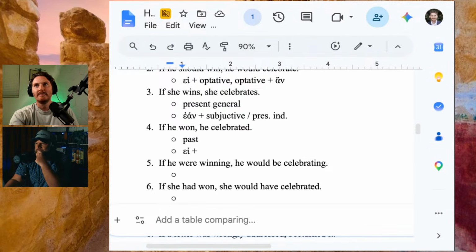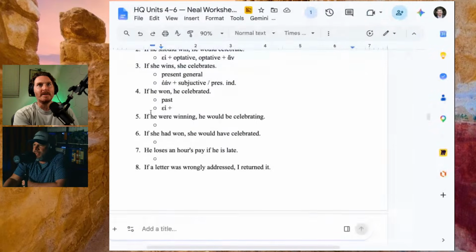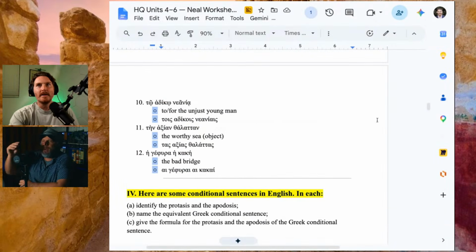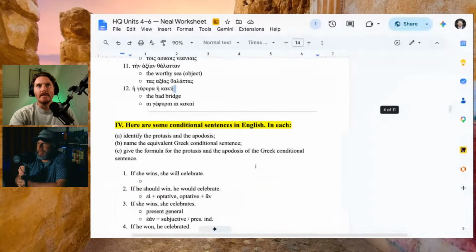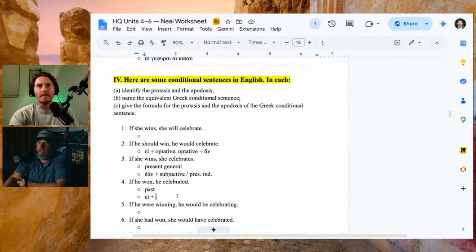So ean plus optative right here. Yeah, it would be ean plus optative. I should have seen that. I was looking for that. Okay, there we go. Ean plus optative, and then imperfect indicative. So it's past general. Yes, exactly.